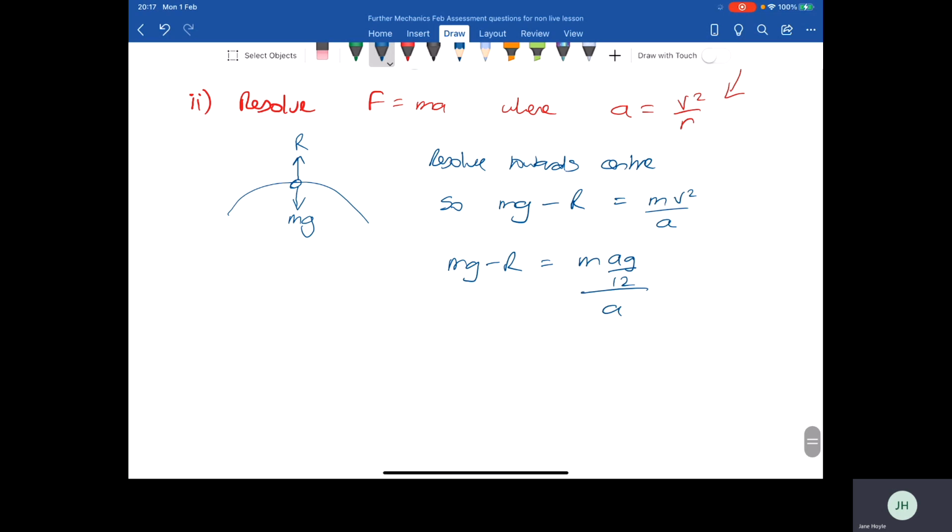Oh, sorry, the a's cancel. So mg minus R is equal to 1/12 mg. So that means that R is mg minus mg over 12. R is equal to 11 mg over 12.